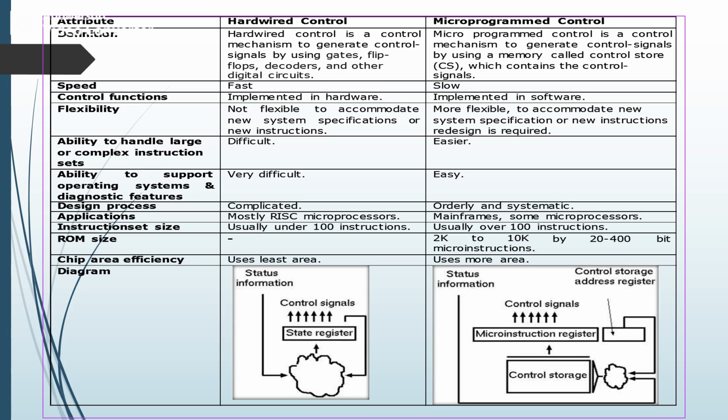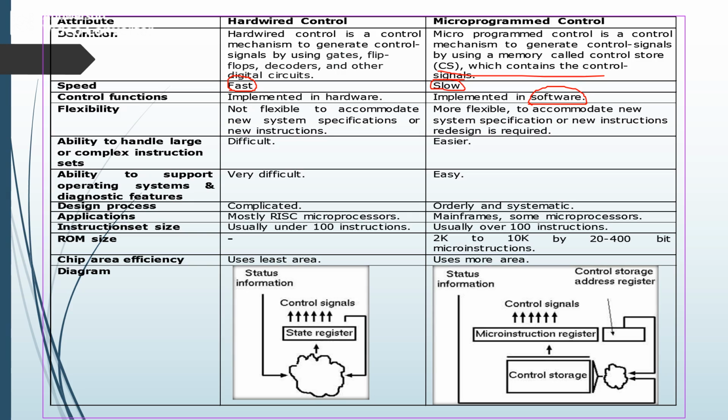If we are considering speed as an attribute, hardwired control performs with better speed, but the microprogrammed control unit is slow. Next is control functions: in hardware they are implemented in circuits, while the control functions can be implemented in software with respect to the microprogrammed control unit.